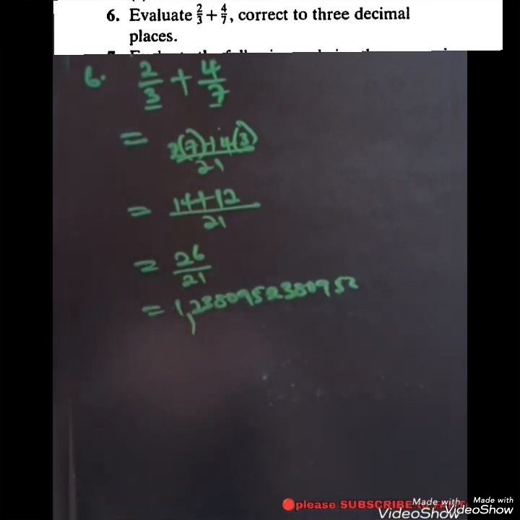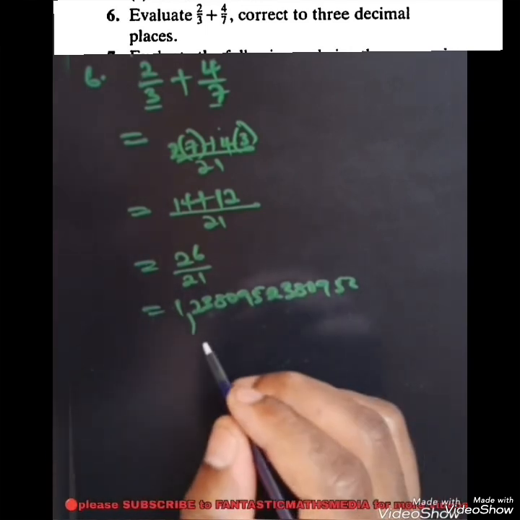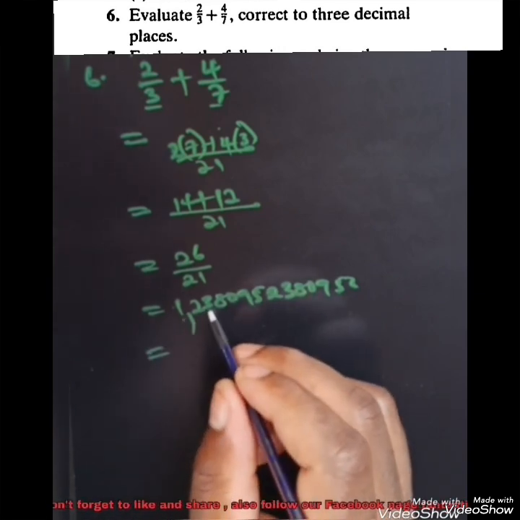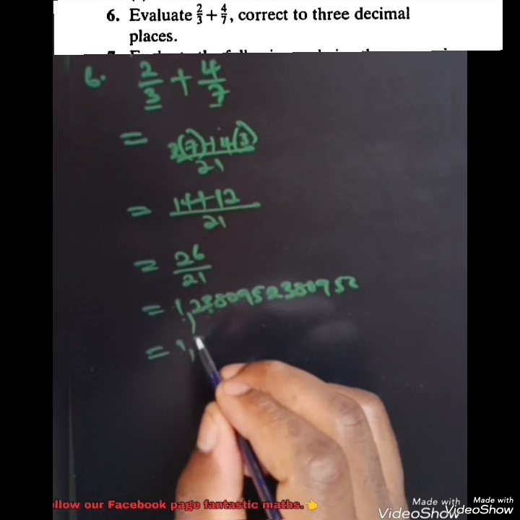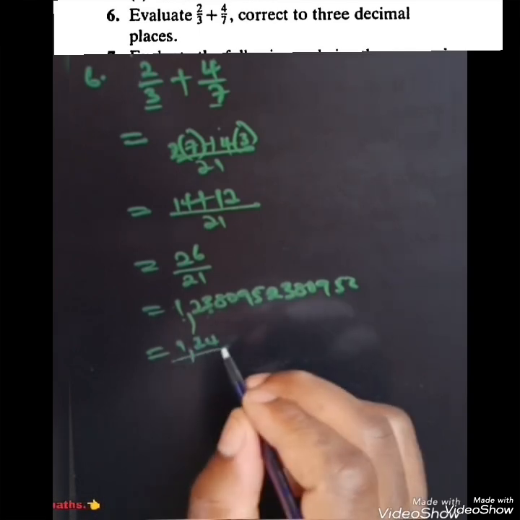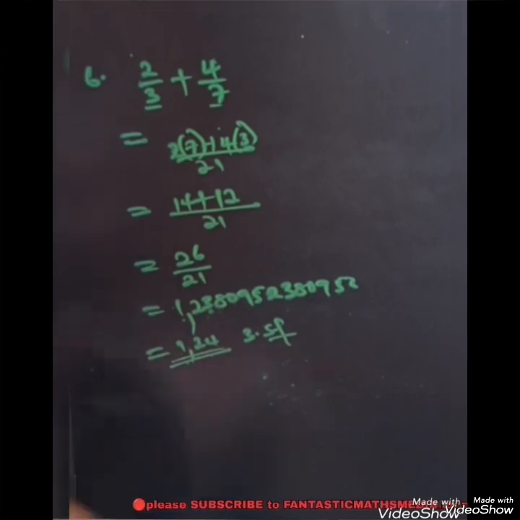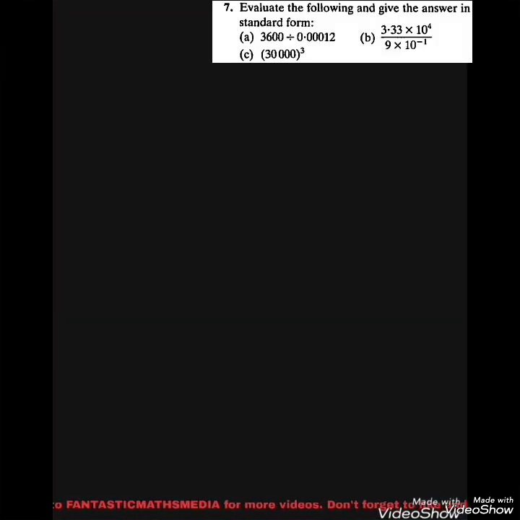Then to 3 decimal places, our answer must be 1.248. Okay, let's move on to number 7.